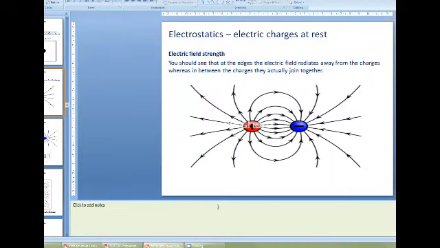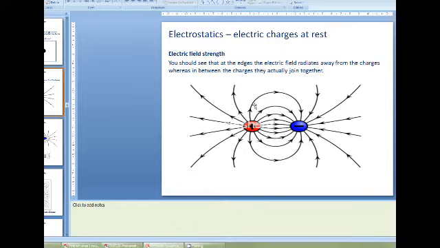Field lines relates to this area of the lecture notes. If you have a positive charge, you'll have field lines radiating out from it, and if you have a negative charge, you'll see the field lines radiate in. The point of these is that you put a test charge, which by default is a positive unit charge, the magnitude of the charge of an electron even though it's positive, somewhere in the vicinity of a charge, and you see what happens to it.